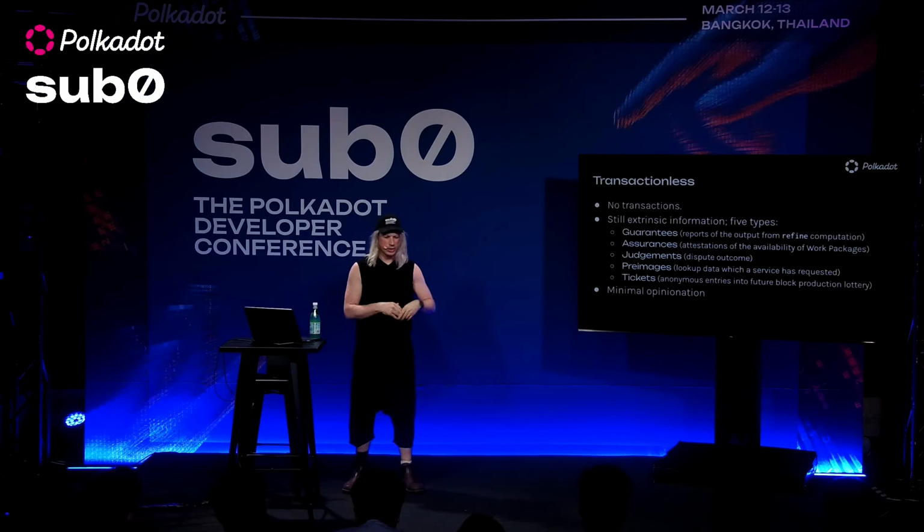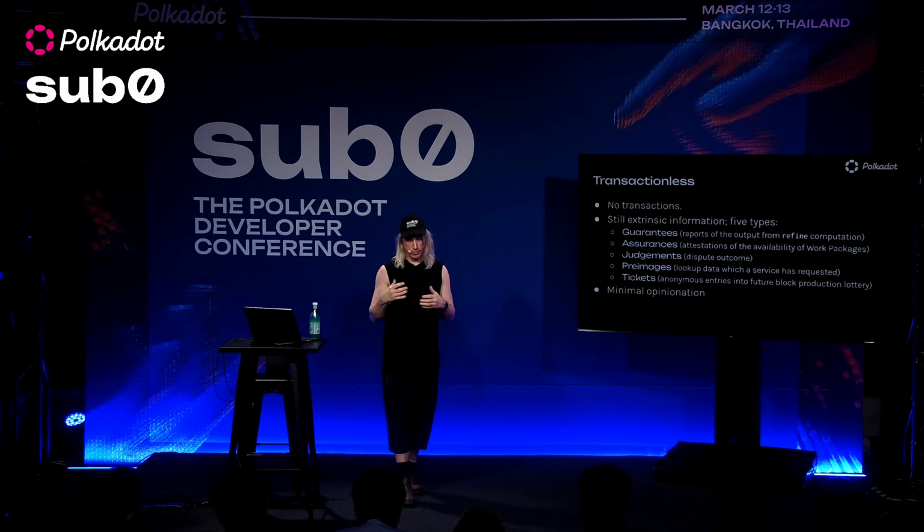Whereas for guarantees, assurances, judgments, and tickets, there are particular pieces of data which the author either has or doesn't have, and their only option is to either provide it or not provide it. They can't provide something else in its place. Tickets are essentially anonymous entries into the block production mechanism.